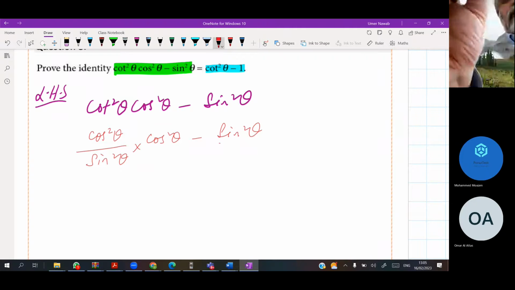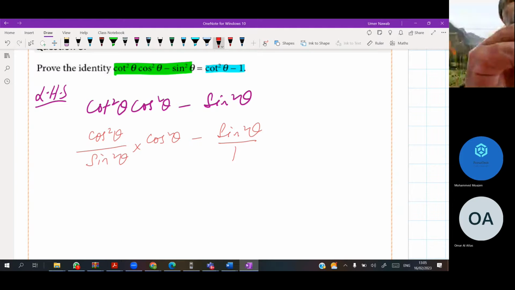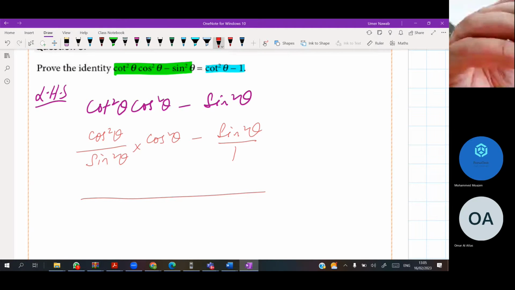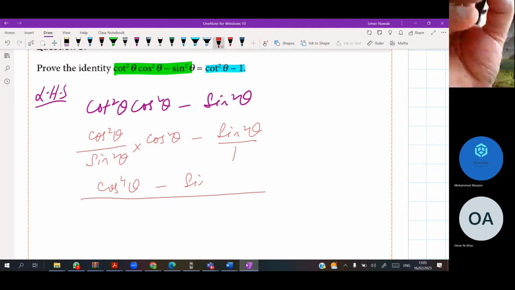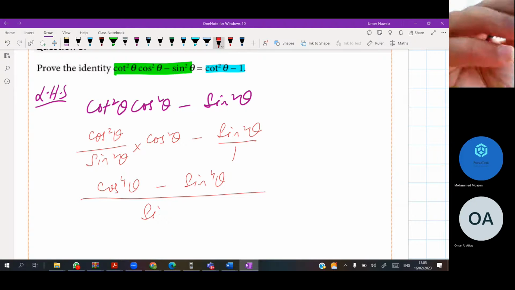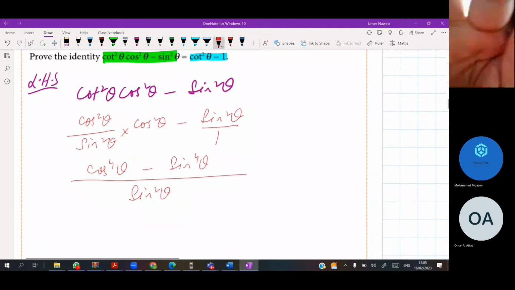In the denominator, I have just 1. And what I'm going to do now, guys, I'm going to write here cosine of 4 theta minus sine of 4 theta over sine squared of theta.